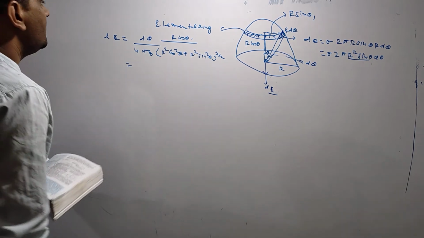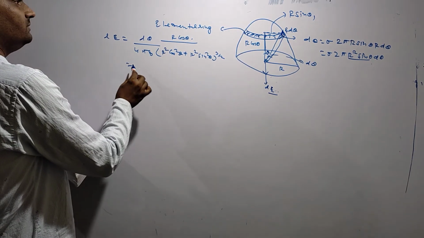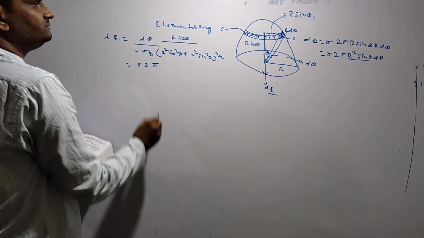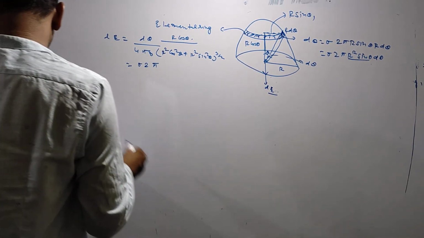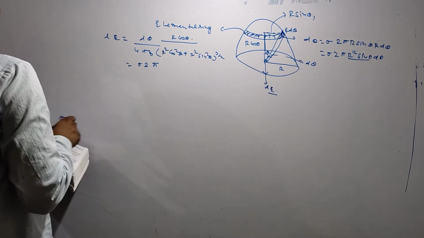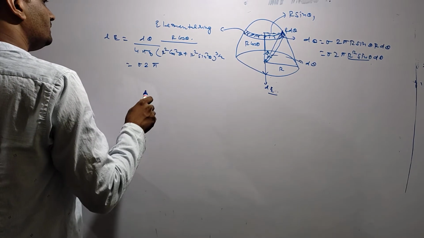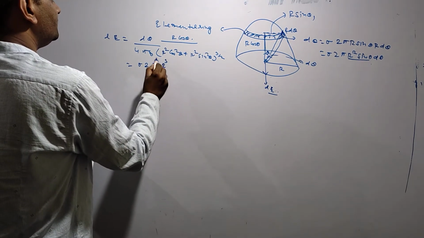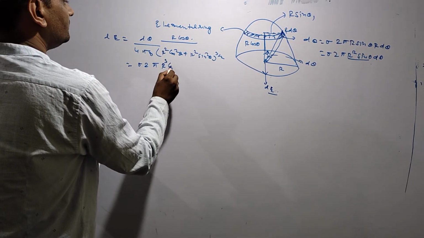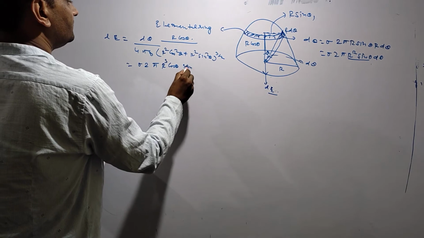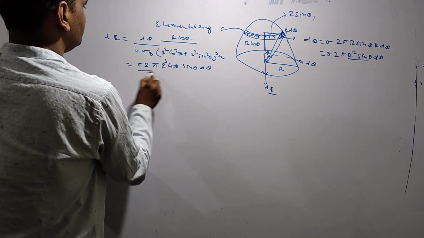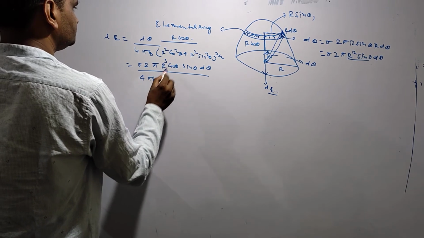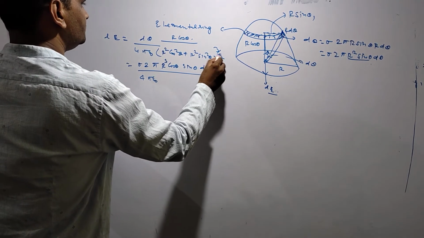This expression we have sigma 2 pi r square, then we have r cube here, cos theta sin theta d theta over 4 pi epsilon naught with power 3/2.